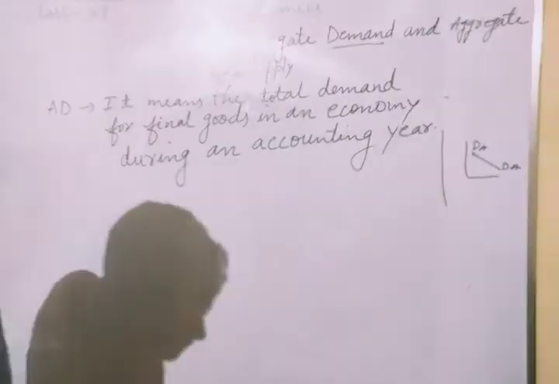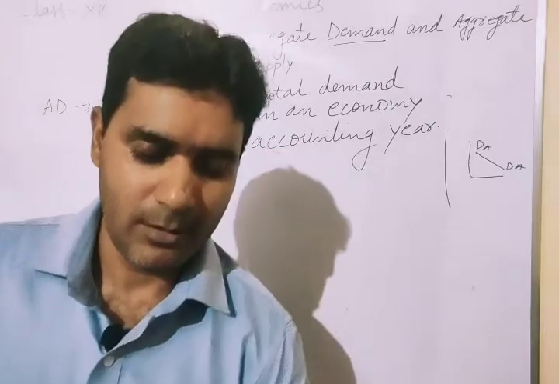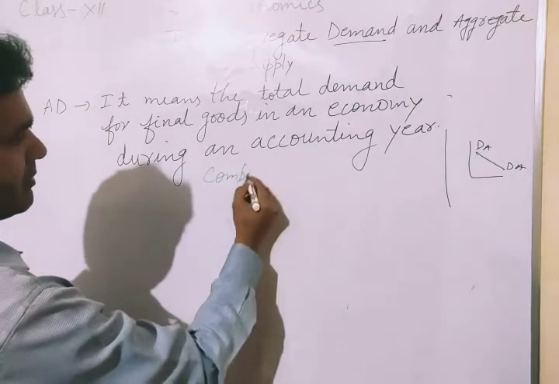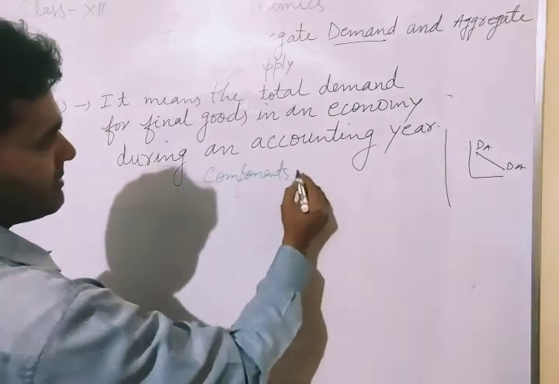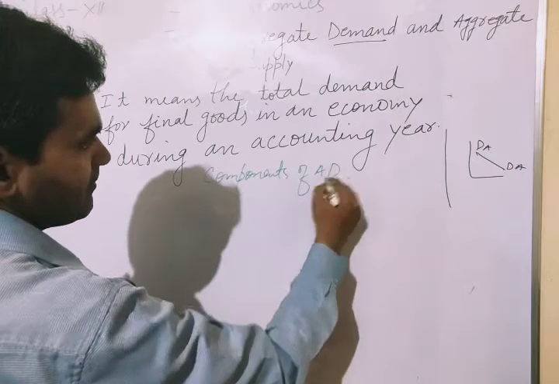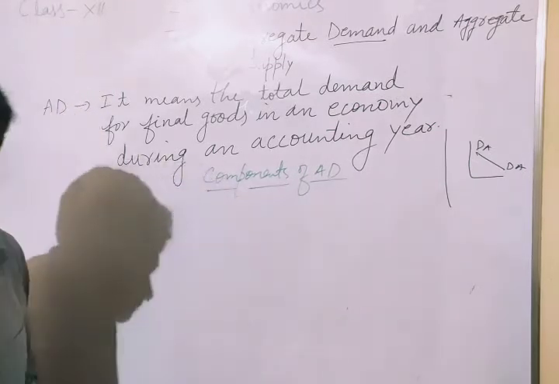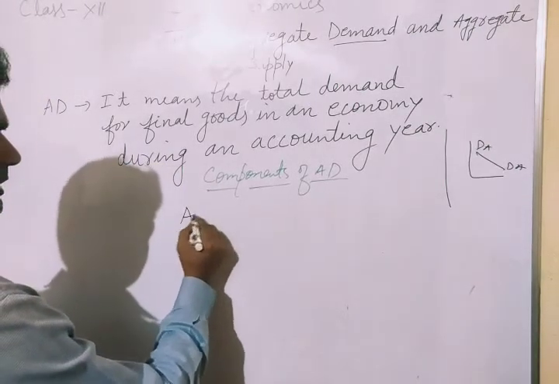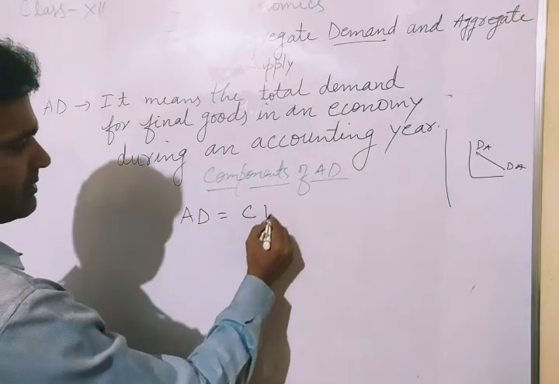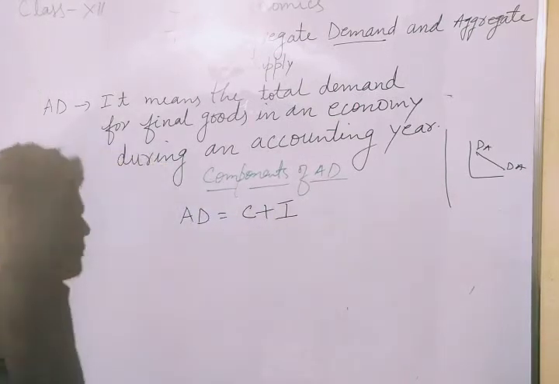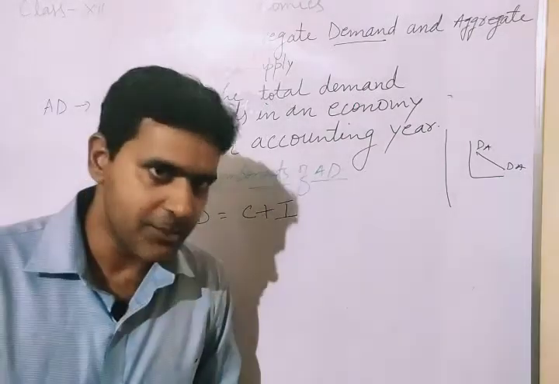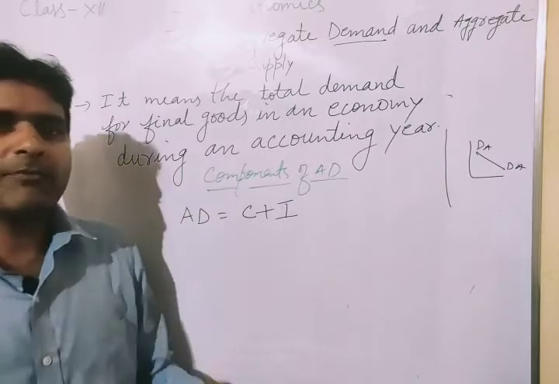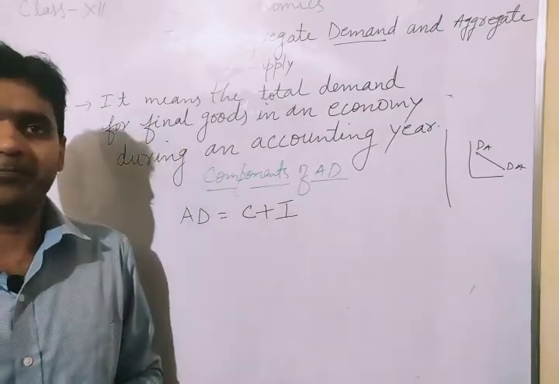Now the components of AD. There are two components of AD, so symbolically we denote AD as C plus I. I have told you, while dealing with the consumption function and the investment function, that in our course we are dealing with the Keynesian model of the macroeconomy.